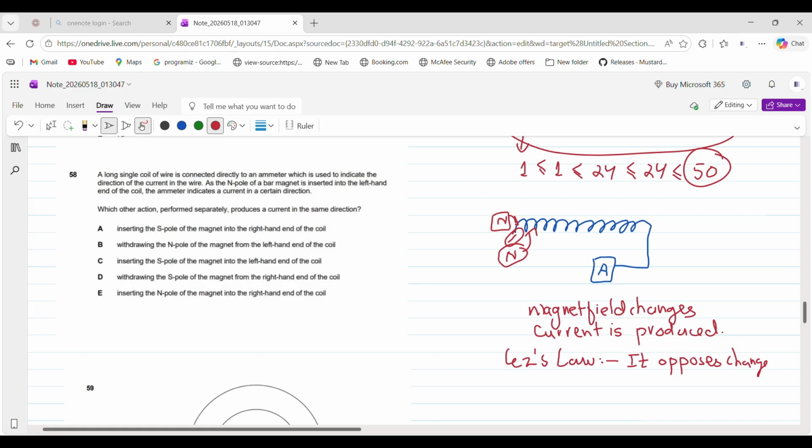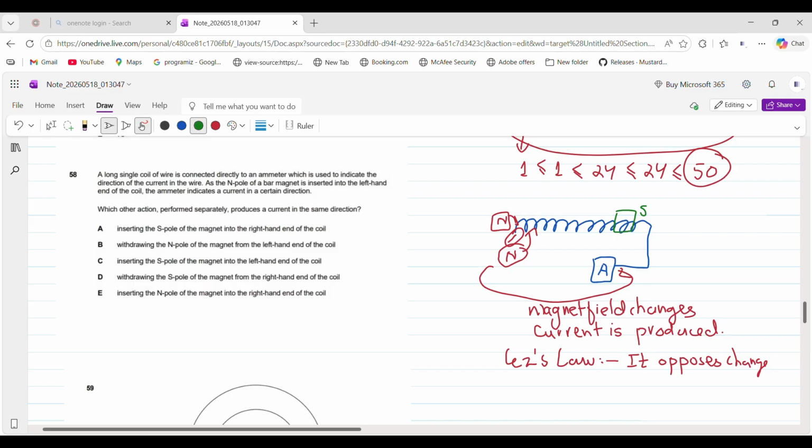Now see, we have got a certain sort of information that our current might be flowing from left hand side to the right hand side. Now we need to make the same scenario in order to produce the same direction of current. The first option: inserting S pole of the magnet into the right hand side of the coil. If I insert the south pole on the right hand side, of course its north pole would be on the left hand side of the magnet.